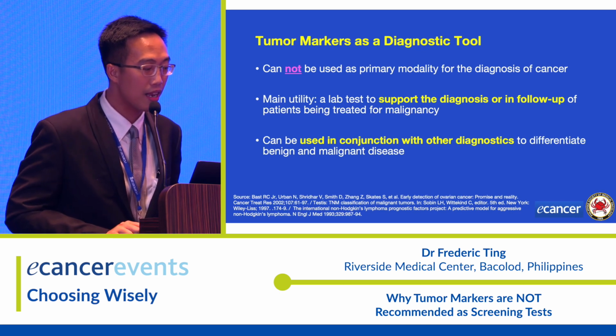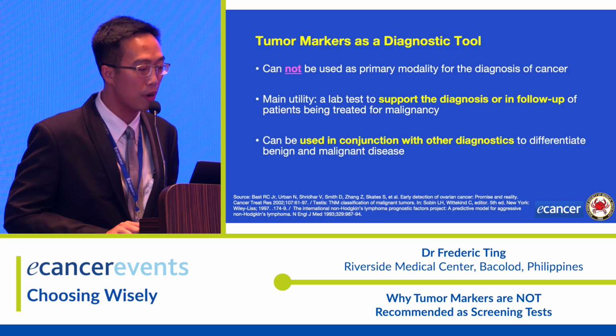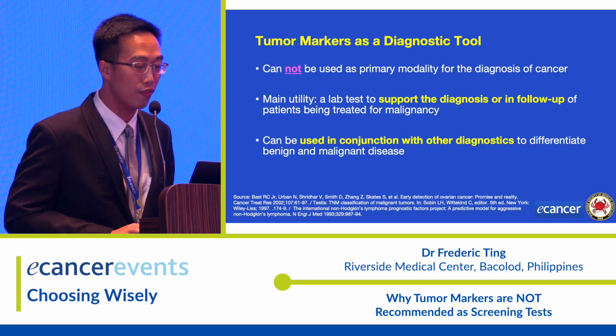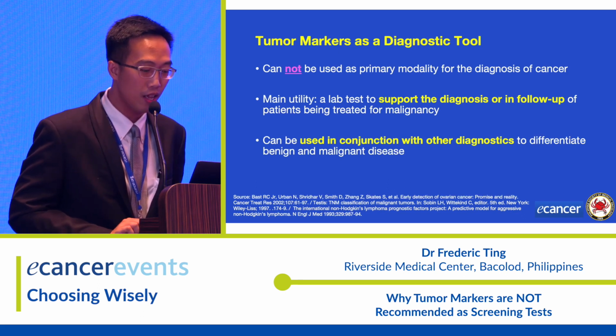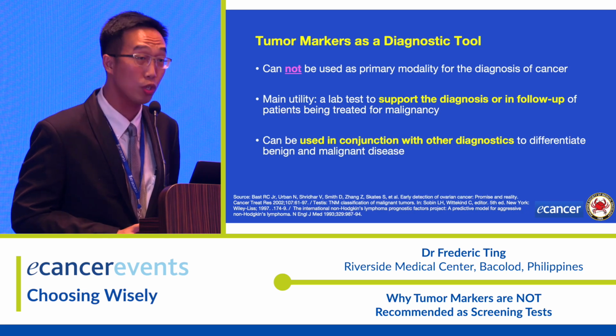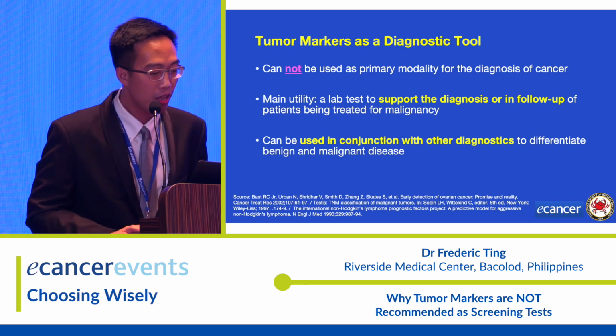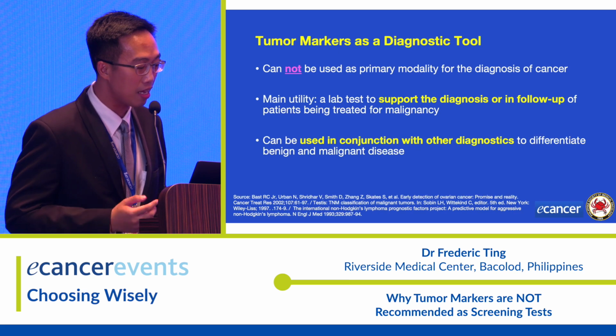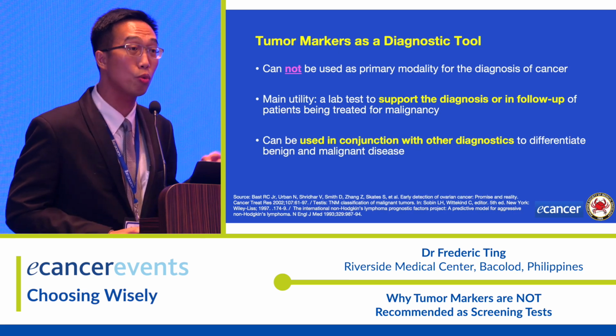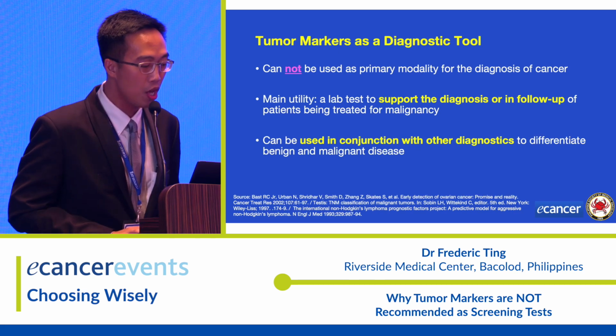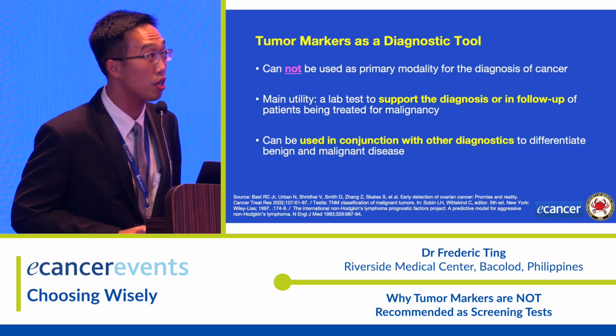Again, it cannot be used as primary modality for the diagnosis of cancer solely, with some exceptions, which we will discuss in a little while. Because its main utility as a lab test is basically to support the diagnosis or in the follow-up of patients being treated for malignancy.